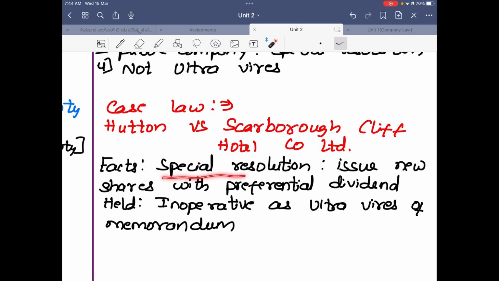Facts: a special resolution to issue new shares with a preferential dividend was passed. But this was ultra vires of the memorandum of association, as it was not contained in the memorandum of association. So it was held that it was inoperative as ultra vires of the memorandum of association.